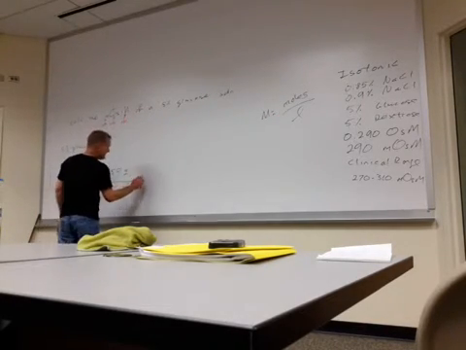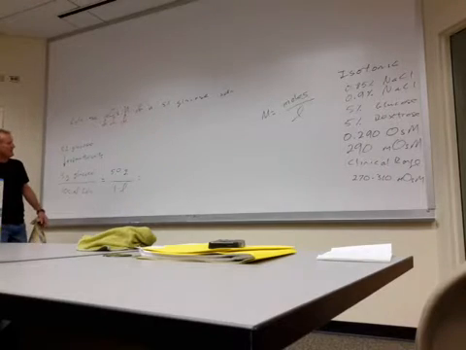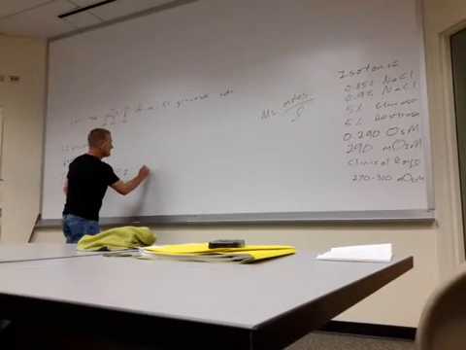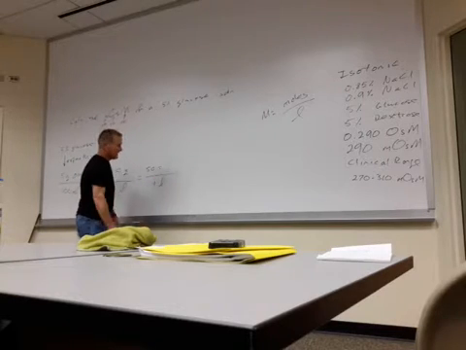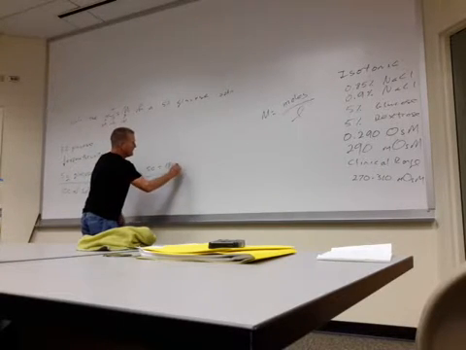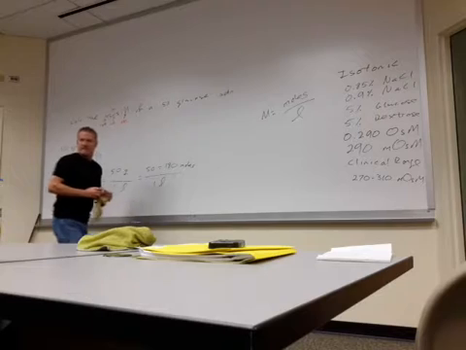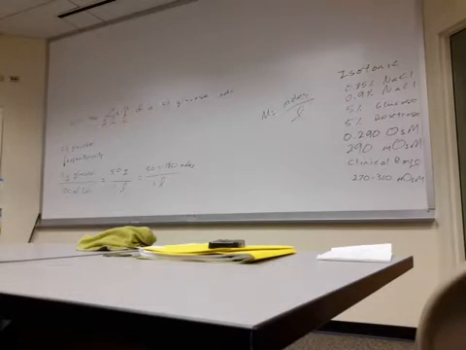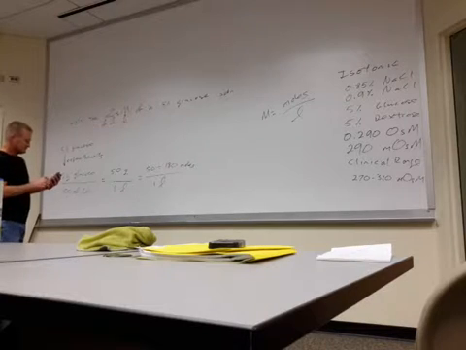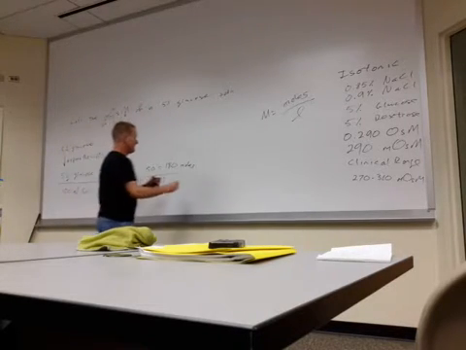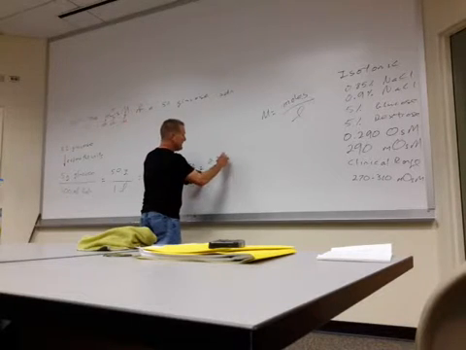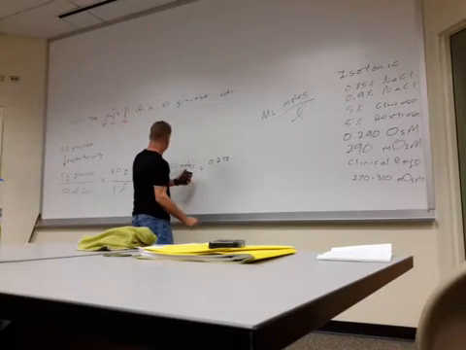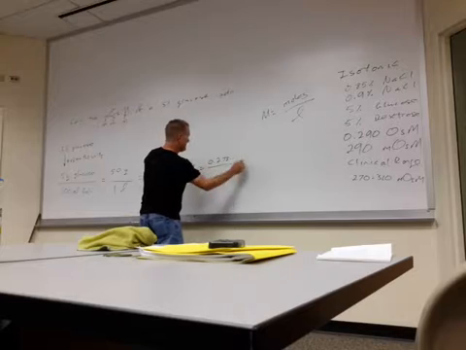Now I'm back to that number of grams divided by molecular weight gives me number of moles. So 50 divided by what's the molecular weight? 180. Divided by 180 is 0.278, and there's a lot of other decimal places out there that I don't see.